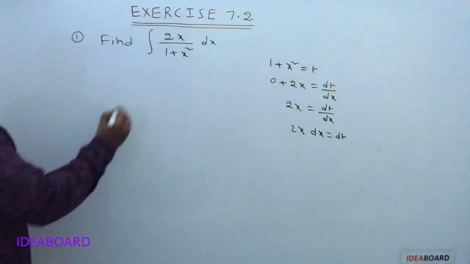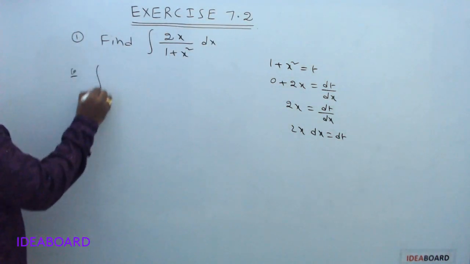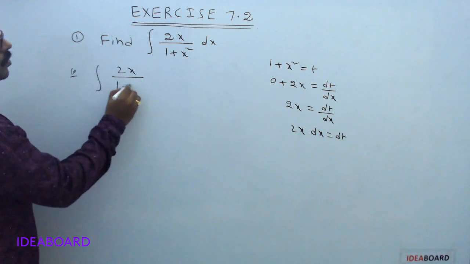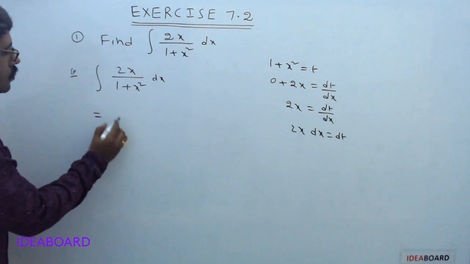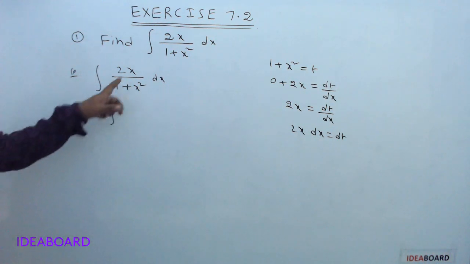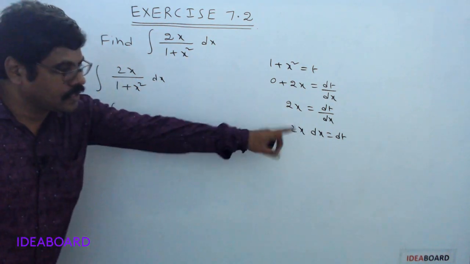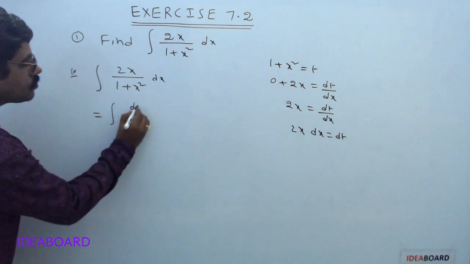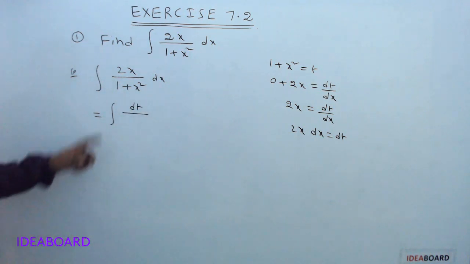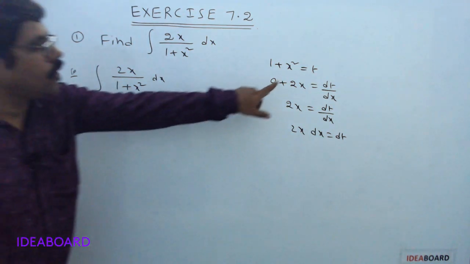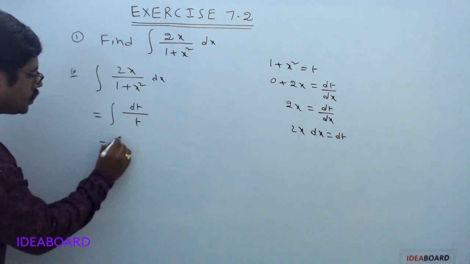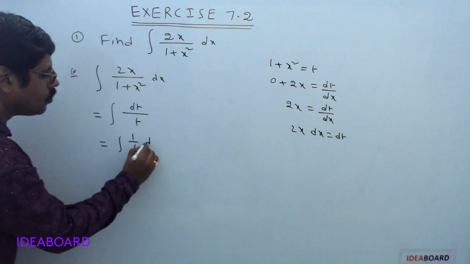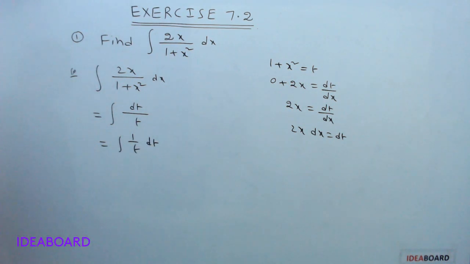Now here, integral 2x divided by 1 plus x square dx equals integral 2x into dx, that is nothing but dt, divided by 1 plus x square, and 1 plus x square is t. Now this equals integral 1 by t dt.